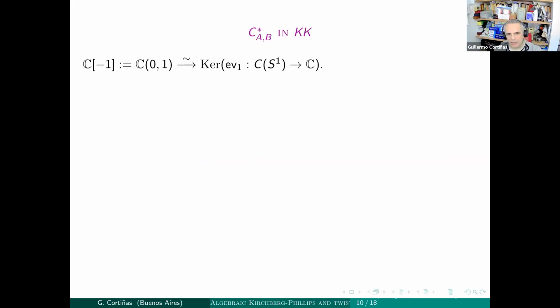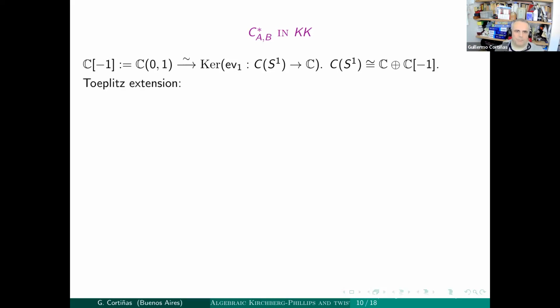By the exponential map, this is isomorphic to the kernel of the evaluation at one coming out of the continuous functions on the circle. And because this evaluation at one has a splitting, you can write the continuous functions on S^1 as C plus C_{-1}, right?